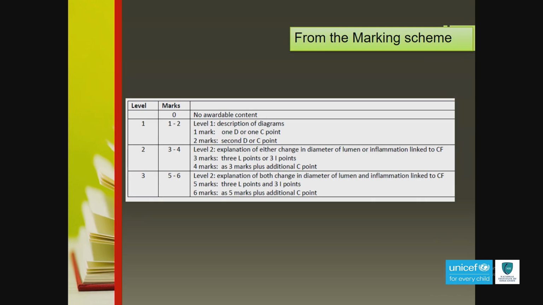So this is how the levels are based. If it's level 1, you get a maximum of 2 points. With explanation of any 3 points, you get 3 to 4 marks. With explanation of 5 different points plus 1 linking it to cystic fibrosis, you get full marks.